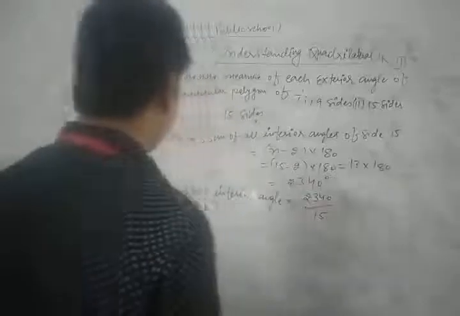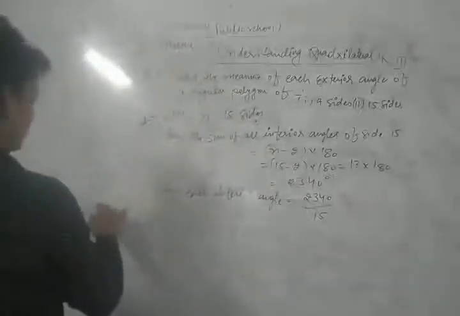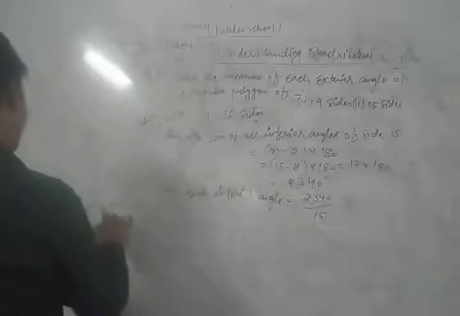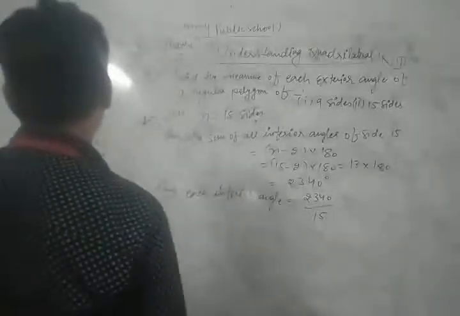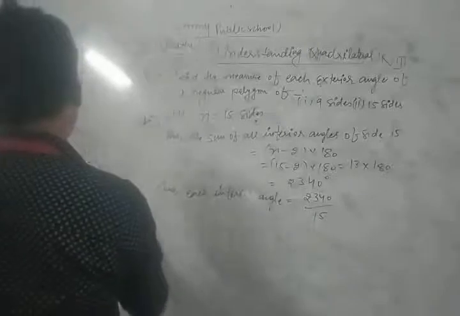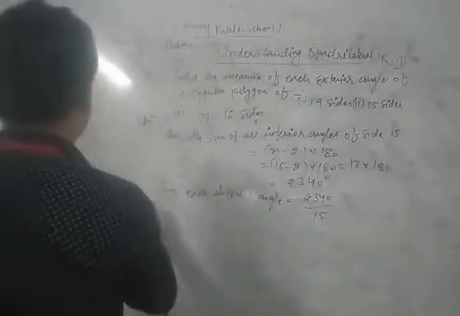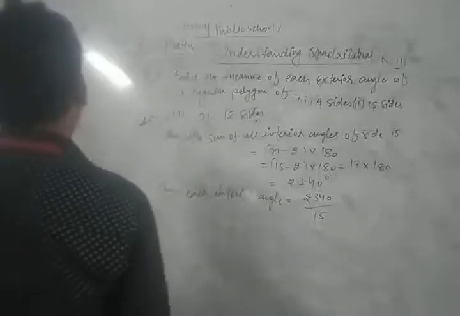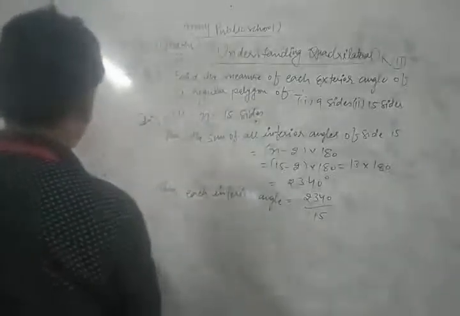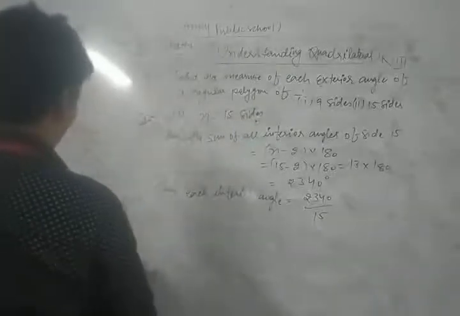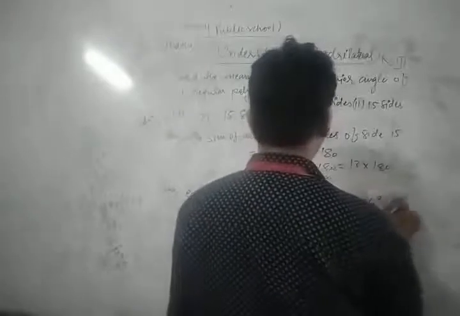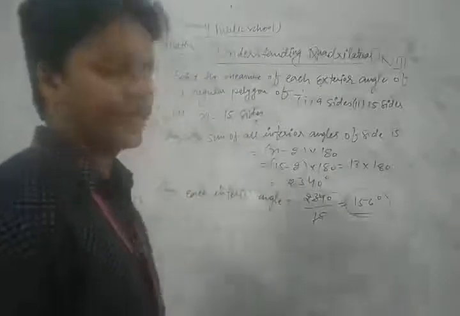So 2340 divided by 15. We divide them, and we get 156 degrees. So in this way, first of all, we find each interior angle.